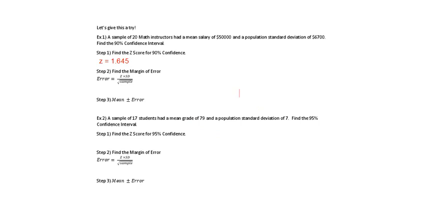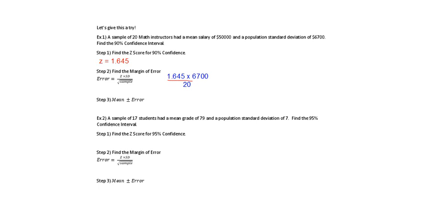All right, great. Step 2 is to use our formula for finding error. So what we're going to do is z, which is 1.645, times the standard deviation, which is 6,700, and then divide that by the square root of 20.